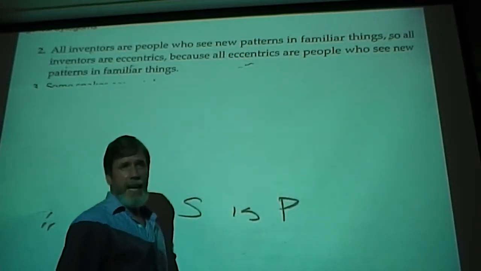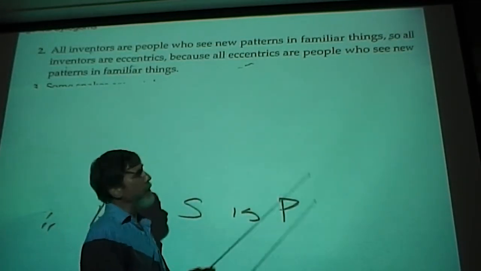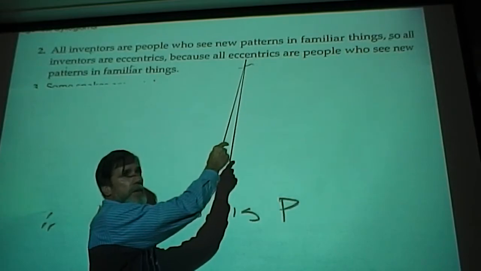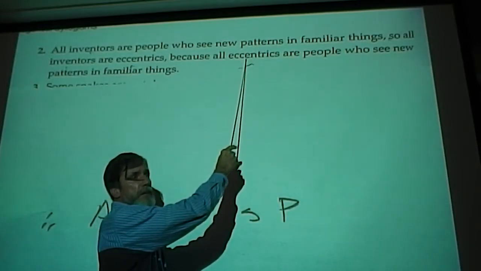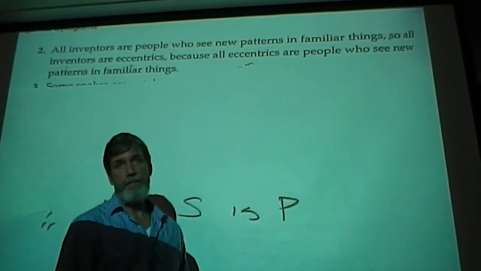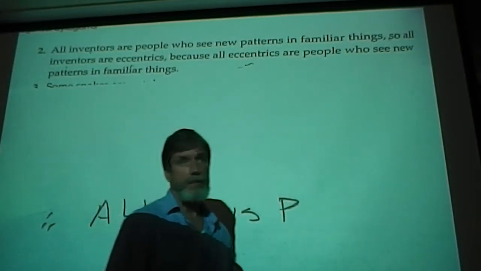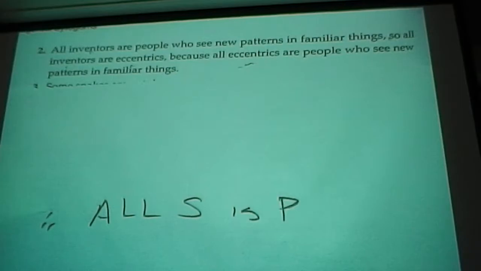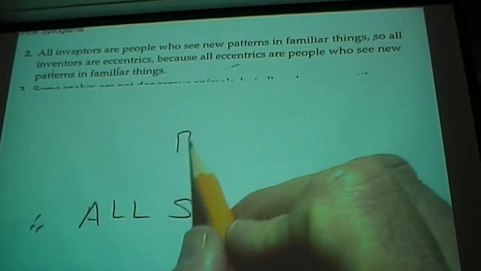So we can multitask here a little bit. The first thing that I would do is I would note that the major term, eccentrics, is in the subject position of that premise, right? So let's go ahead and put P in the subject position of that premise of our translation.